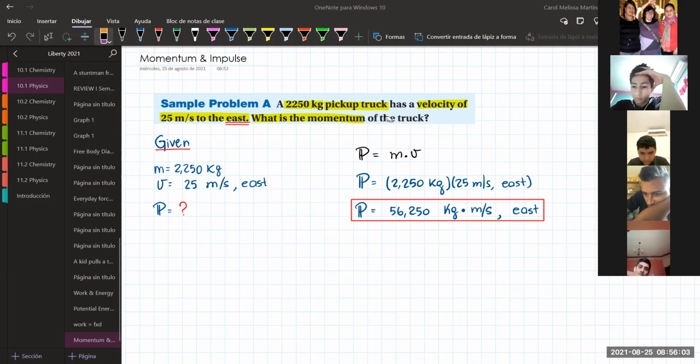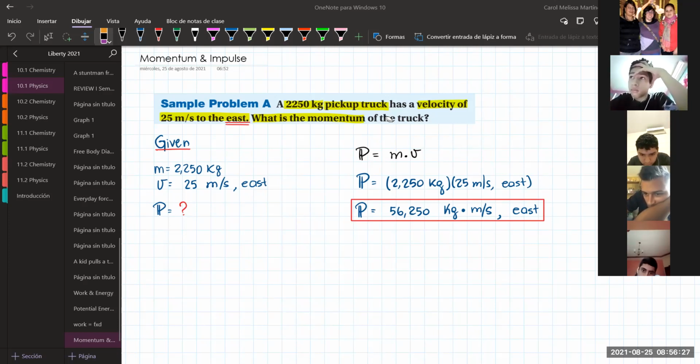This is probably one of the easiest topics because you only have to apply the formula. And yes, take advantage of this because it's a very easy topic. That's an easy 10 for a homework and an easy 10 for a quiz. So please take advantage of this. Just apply the formulas.